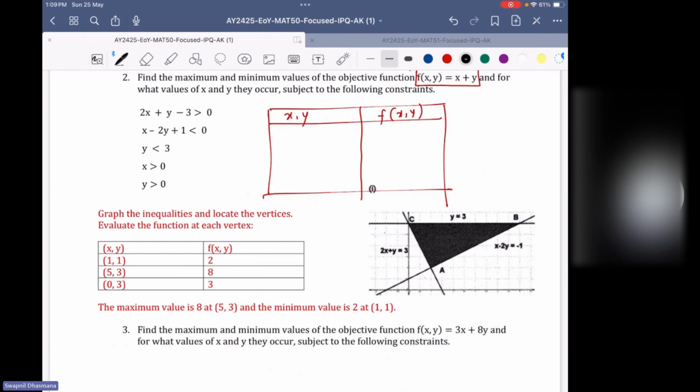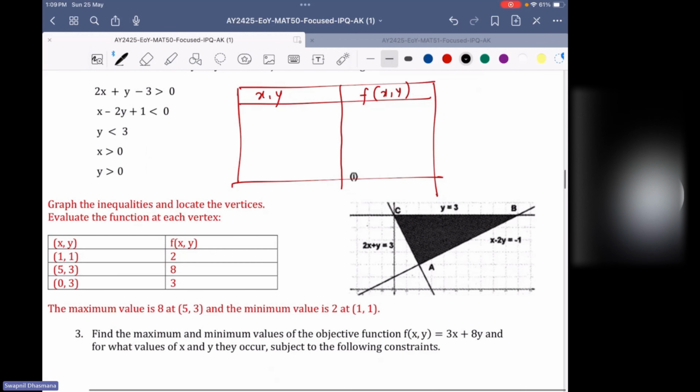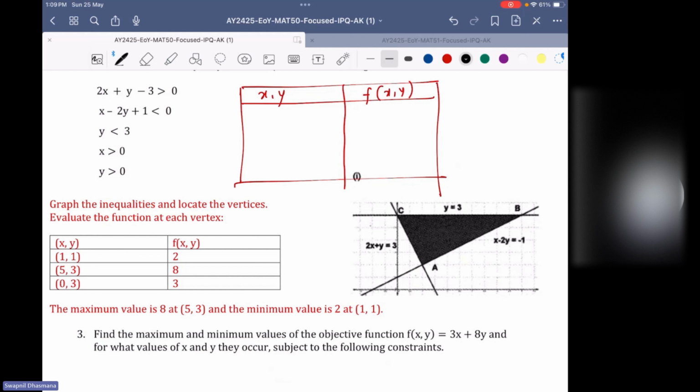Like for example, just give me a sec. This is very blurred, but just give me a sec.